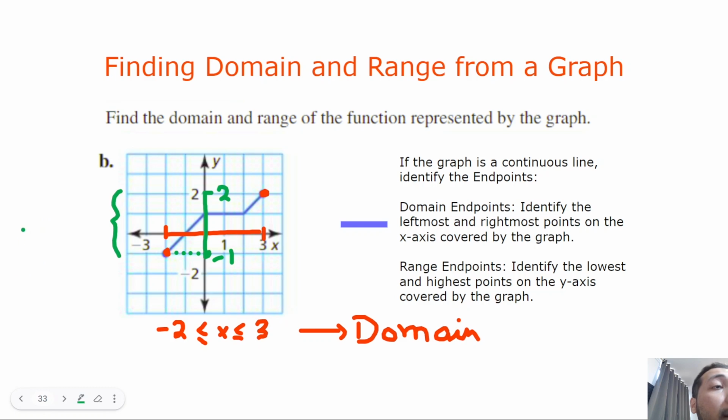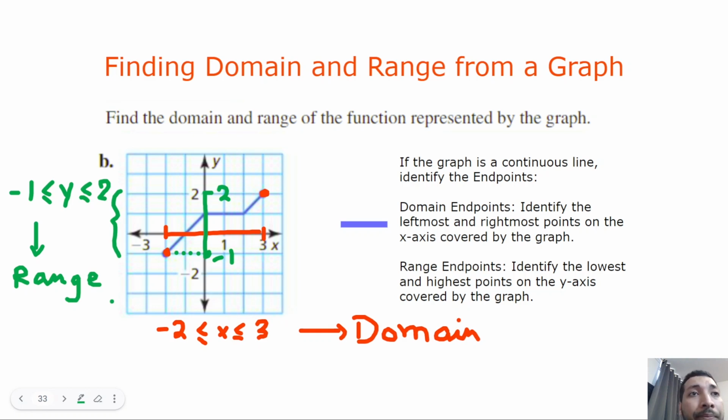So you can write these as a compound inequality again, from -1 all the way to 2. And since this is the range, we use y as the variable. This is how we can write the domain and range for the continuous graph.